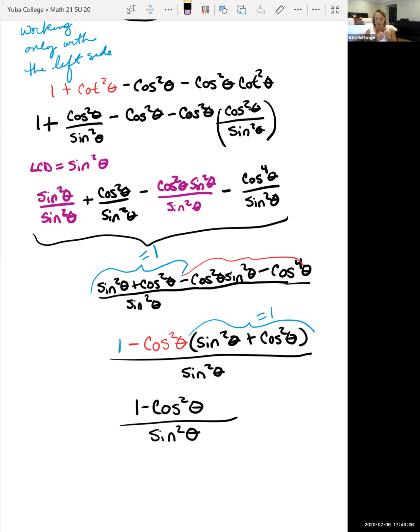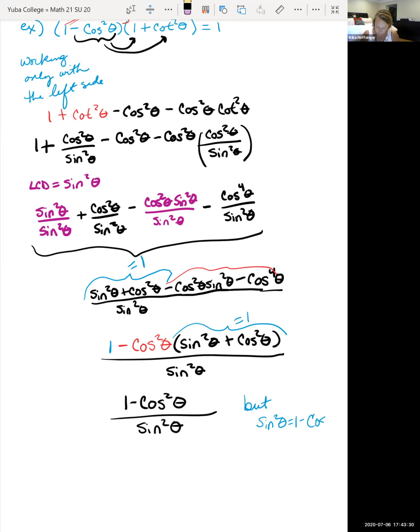Cosine squared theta plus sine squared theta equals 1. If you subtract cosine squared theta on both sides, sine squared theta is the same thing as 1 minus cosine squared theta. So we have sine squared theta over sine squared theta, and we got what we wanted. We manipulated that to be 1.